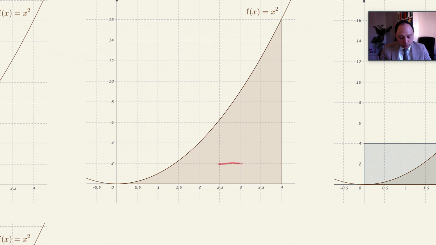There are some complete rectangles that you see here, but this one is not complete because one part of it is outside, and we don't know exactly how to calculate that bit. The next one is the same. Some part of it is outside the region that I am interested in, so it's not a very good way to do that.